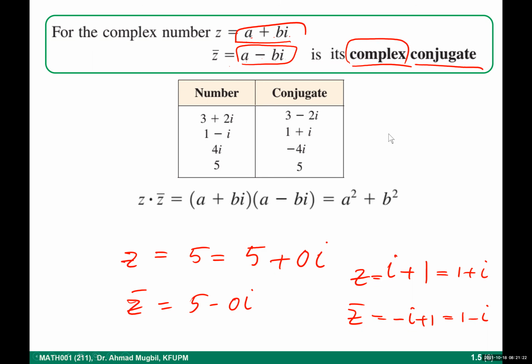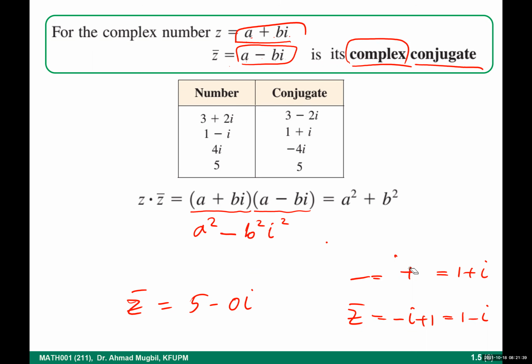Great. Now, what will happen if we multiply a complex number by its conjugate? Look, what will happen if we multiply a plus bi by a minus bi? Difference of squares. Is that right? So it will be a squared minus b squared i squared. What is i squared? Negative 1. So it will be a squared plus b squared, because i squared is negative 1, and negative 1 multiplied by negative will be positive.